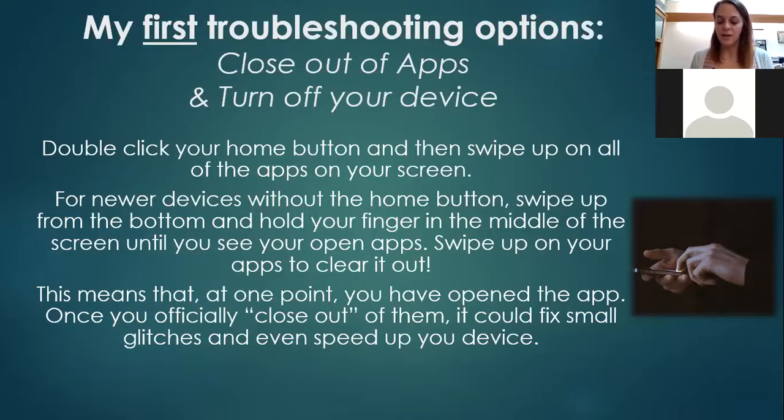For those that have a newer phone like this one, you actually have to hold down your power button on the side along with the down volume button. So afterwards, when we get to talk about the devices that you have, we can work together to figure out how to properly shut it down and turn it back on.